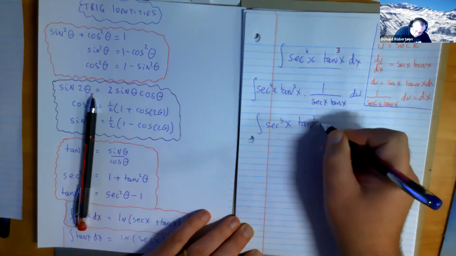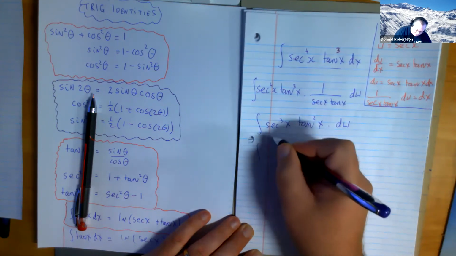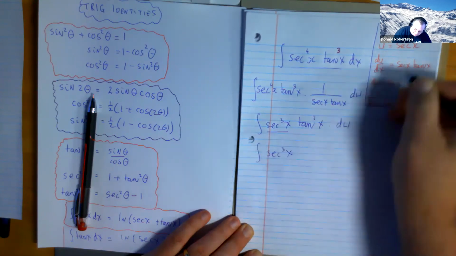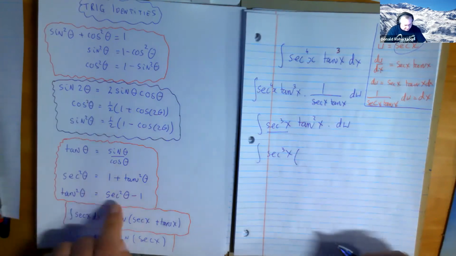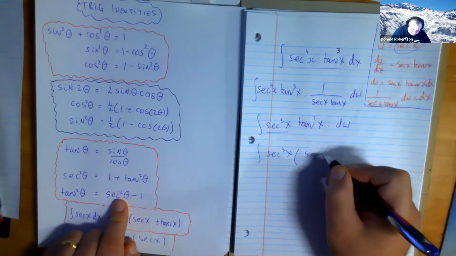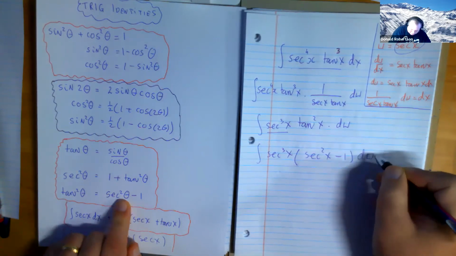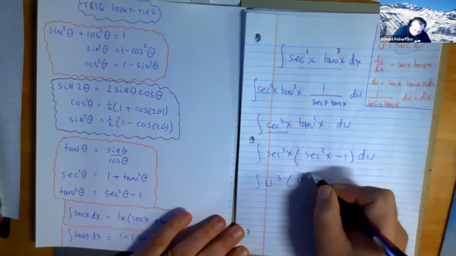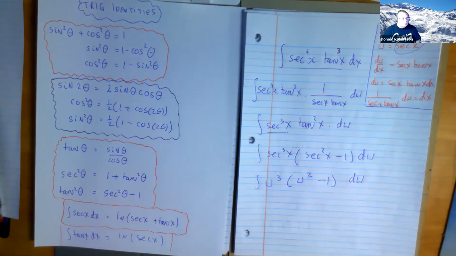I'll have a tan squared, and I'll have a du. And we know that guy is okay, because he's u. And just like you said, can't that guy be turned into this guy? So what I now have is a u cubed, a u squared take away 1 du. Is that basically what you were thinking about, James?